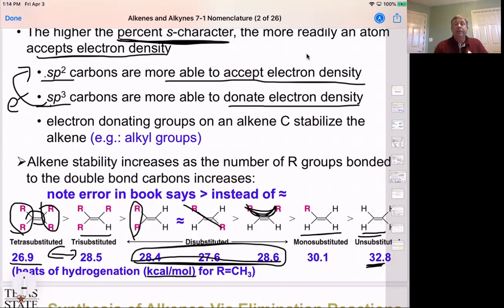The previous number was in kilojoules per mole. Okay, so that being said, that tells us that having 4 sp3 hybridized carbons attached to the double bond makes it most stable. Having no sp3 hybridized carbons on it makes it the least stable. Therefore, the thing to look for is when we can make the more substituted alkene, it's going to be the more stable of the materials.